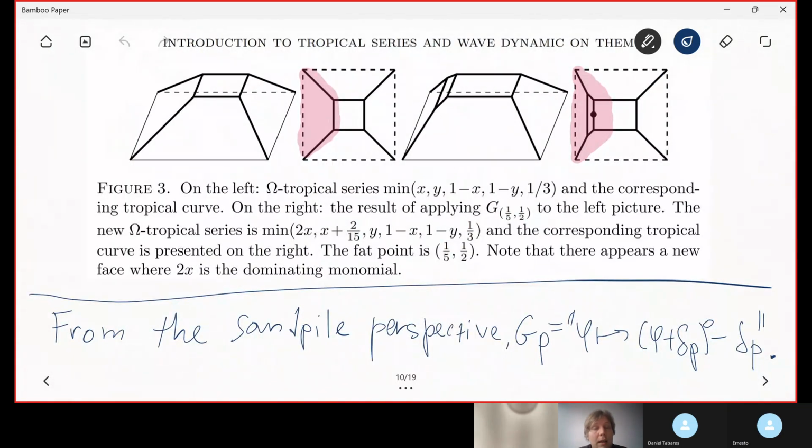And just one more picture, one more example. You see already this truncated pyramid on the left, and we add a grain somewhere here. In pink I highlighted the face.